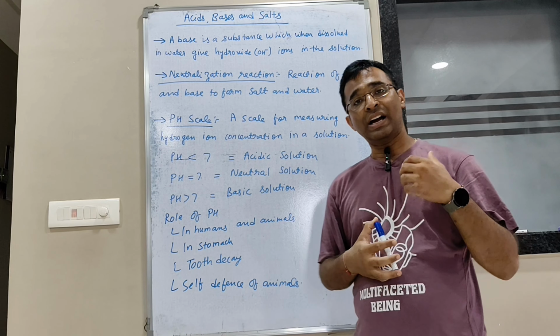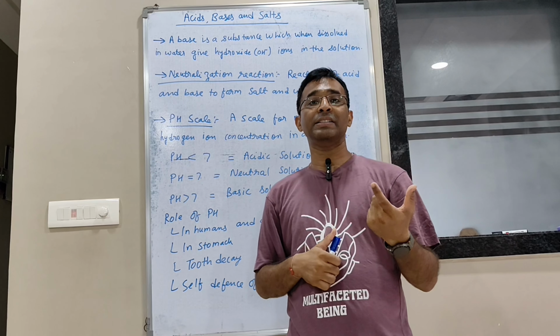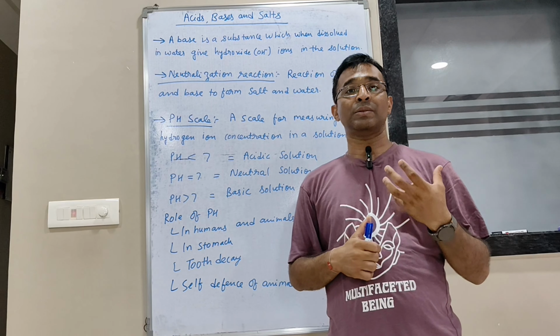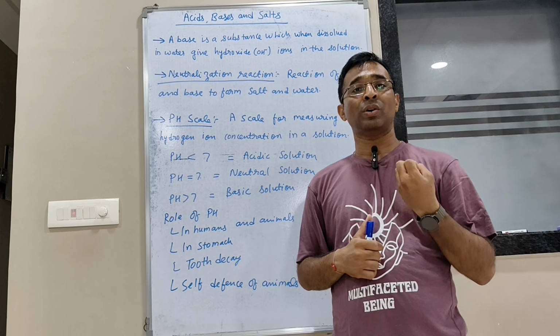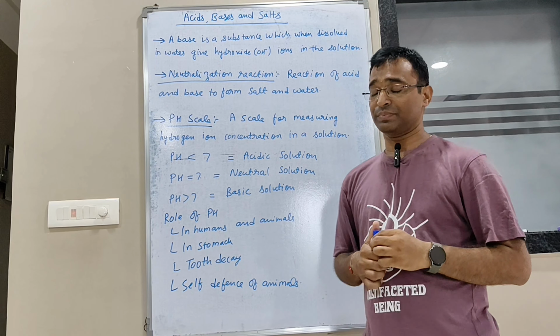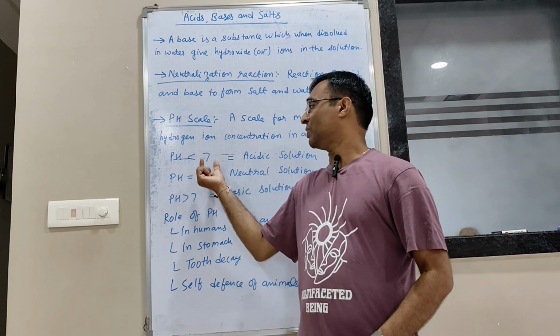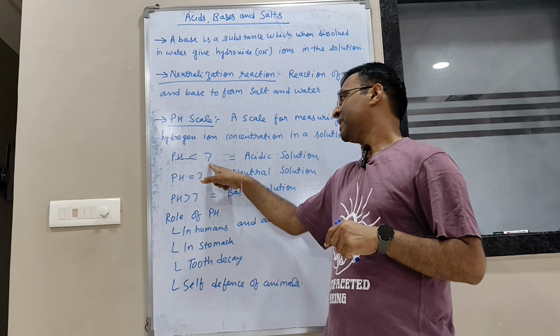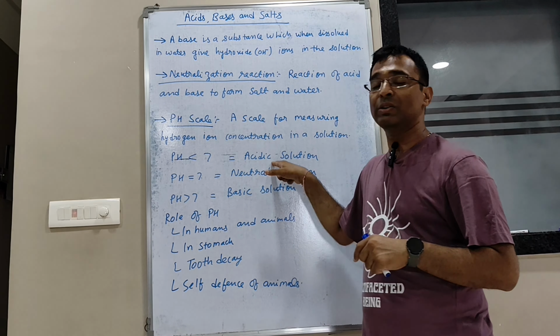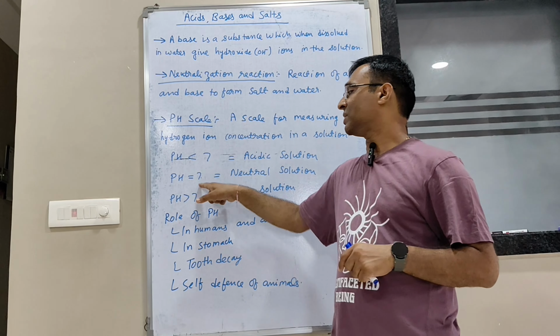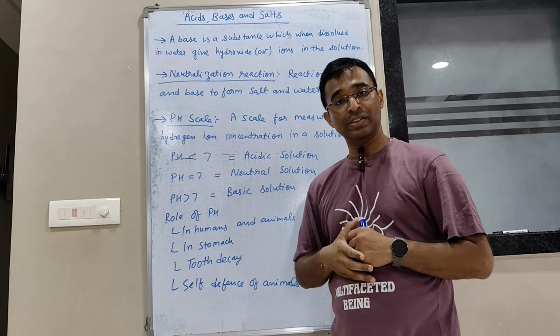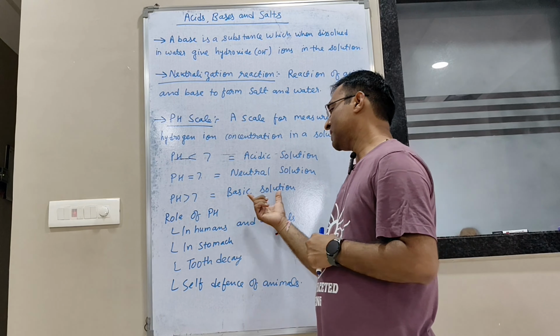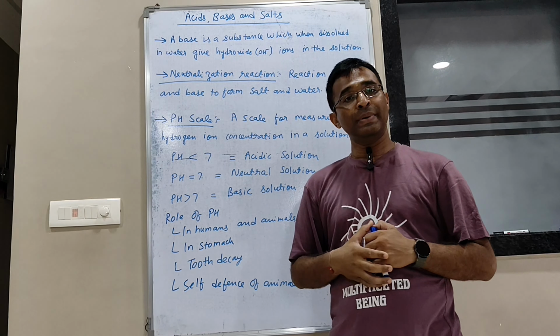By measuring the hydrogen ion concentration, we can decide whether the substance is acid, base or neutral. pH less than 7 is considered an acidic solution, pH equal to 7 is considered a neutral solution, and pH greater than 7 is considered a basic solution.